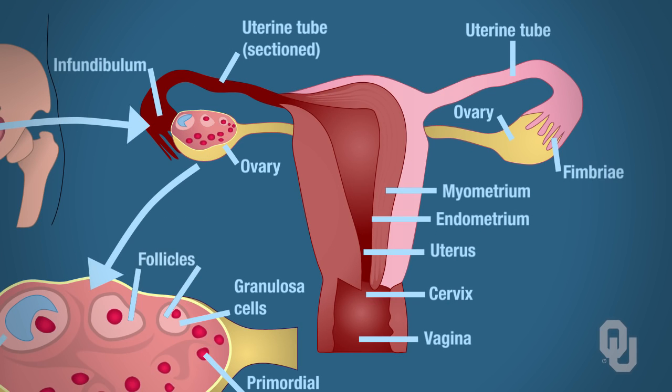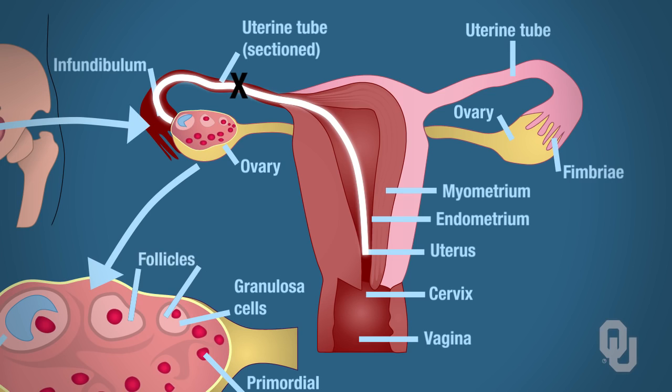Once that mature ovum is ready, it will leave the ovary and travel into the uterine tube. If fertilization is going to occur, it occurs in the uterine tube. We'll put a big X. X marks the spot where fertilization takes place. Then either the zygote, if it's a fertilized egg, or the mature ovum, whichever the case may be, will travel to the uterus.